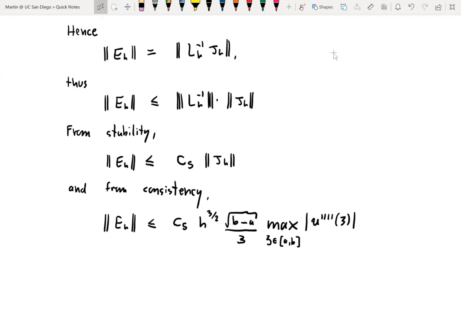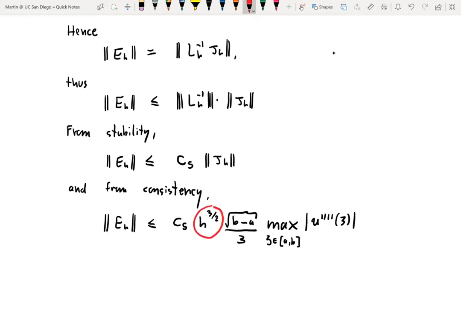Okay, now first from stability, we get that the norm of EH is bounded from above by the stability constant CS times the norm of tau H. And from consistency, we can use that we have a bound on the truncation error tau H, and that together gives us that the norm of EH is bounded from above by the stability constant CS times h to the 3 over 2 times the square root of (b minus a) over 3 times the maximum of the fourth derivative over the interval from a to b.